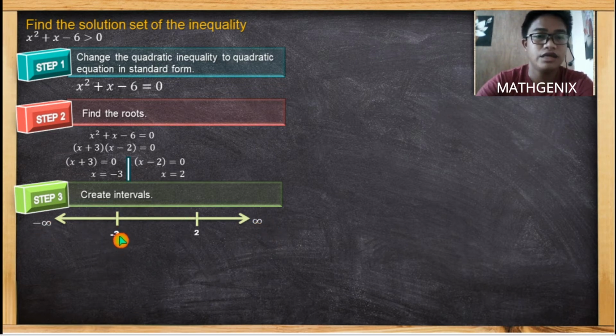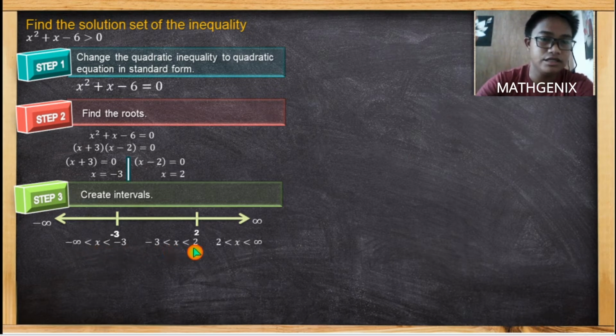Saan ko kinuha itong negative 3 and 2? Galing ito sa critical values na negative 3 at saka positive 2. So ito na yon. Negative infinity is less than x is less than negative 3. Negative 3 is less than x is less than 2. 2 is less than x is less than positive infinity.